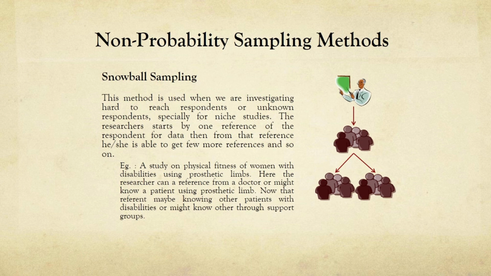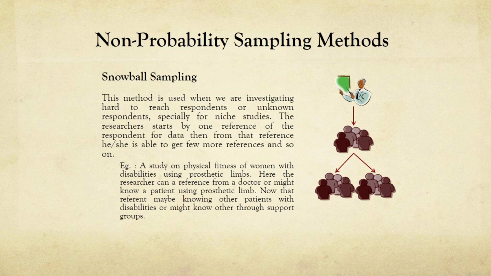So you contact them. They'll be giving a reference to you that these are 3, 4, maybe 5 people I know, 5 women who are using prosthetic limbs. You approach those women, and if they are willing to talk to you about their physical fitness, they will. And maybe those 4 women will give you a reference of more women. And this is how your sampling is increasing.